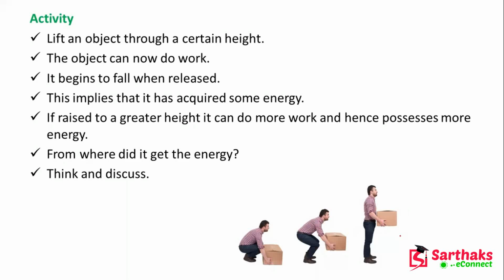So it implies that whenever you have lifted it, it acquires some energy, and if it is raised to a greater height, it can do more work, hence it possesses more energy. So from where does it get the energy? That is a great question, right? It gets the energy because you have lifted it. And whenever it is released, the potential energy will be converted into kinetic energy.